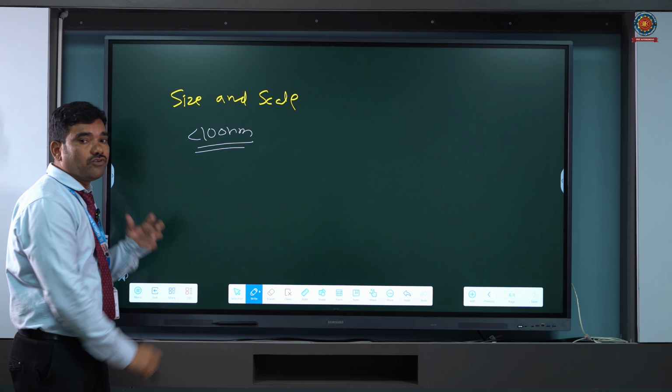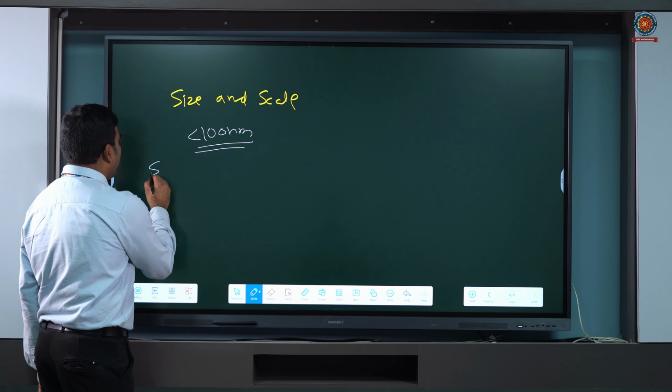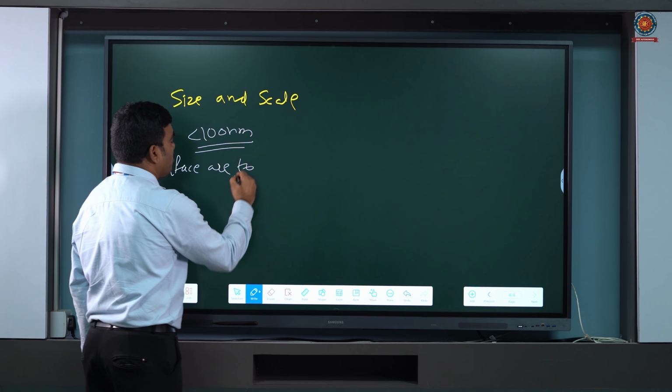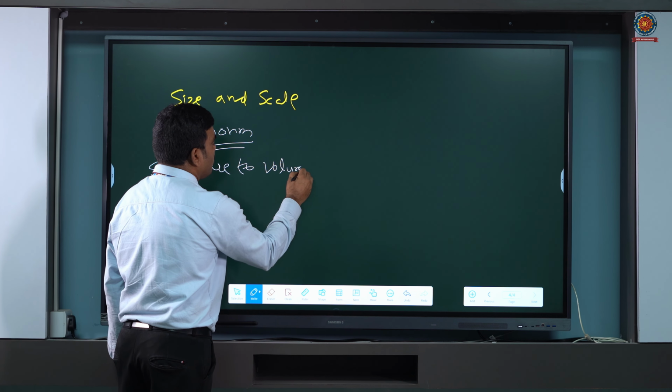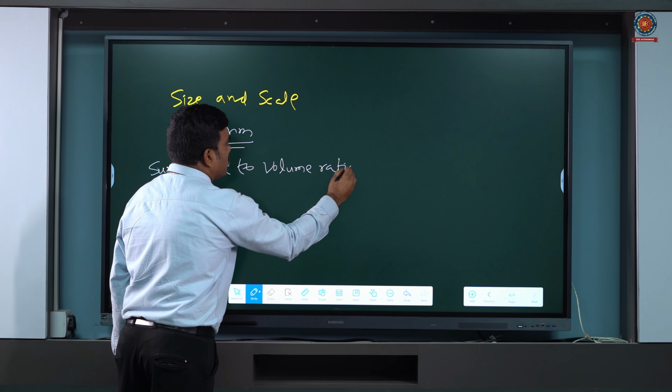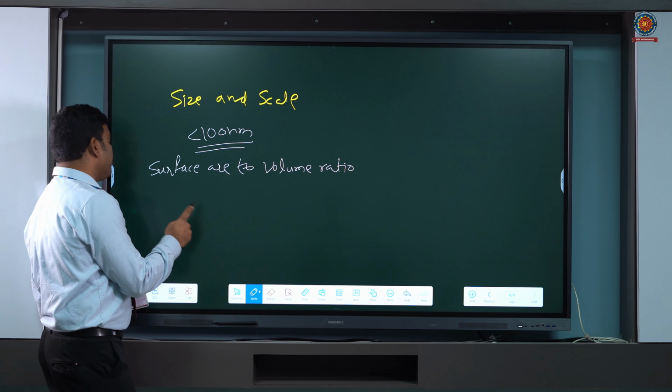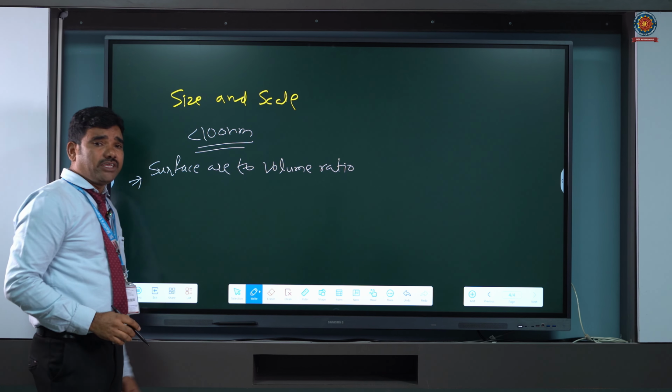Next is surface area to volume ratio. What is surface area to volume ratio?